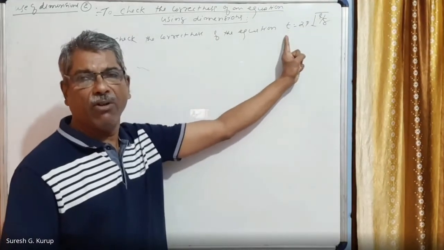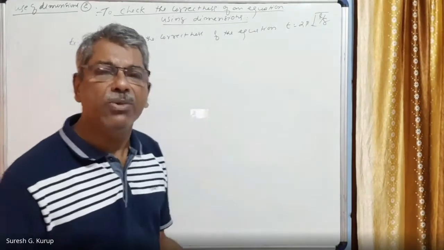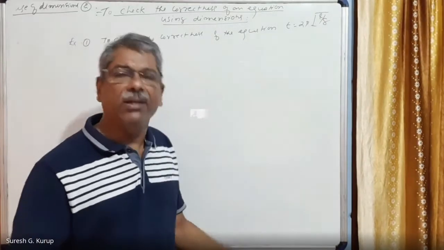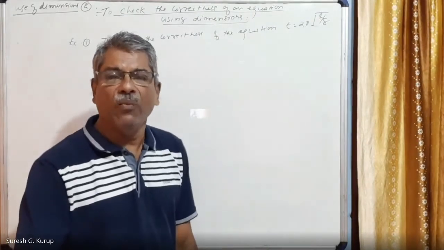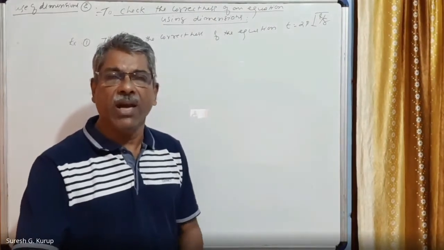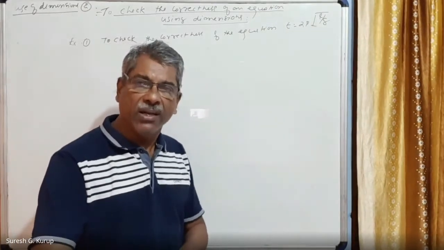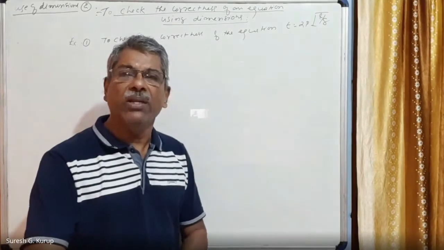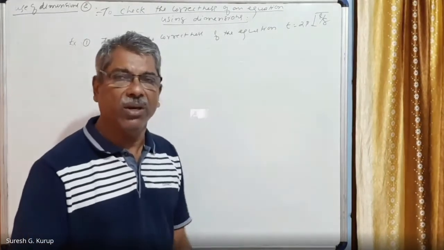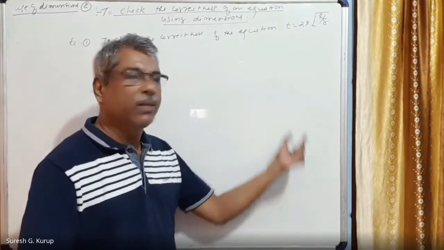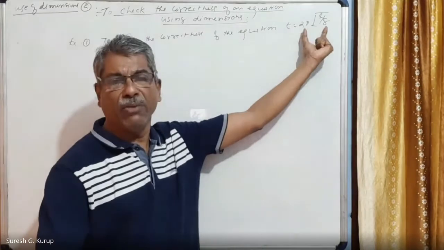If the dimensions of both sides are the same, or if an equation contains many terms and all the terms have the same dimensions, then we can say the equation is dimensionally correct. Once the equation is dimensionally correct, only then can we assume it is valid and use it for applications. This is important. Here also we have to prove that the dimension of the LHS must be equal to the dimension of the RHS.